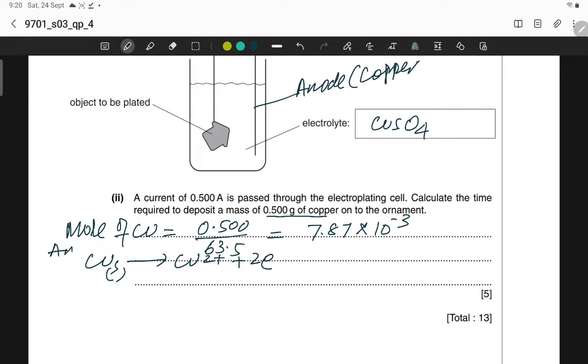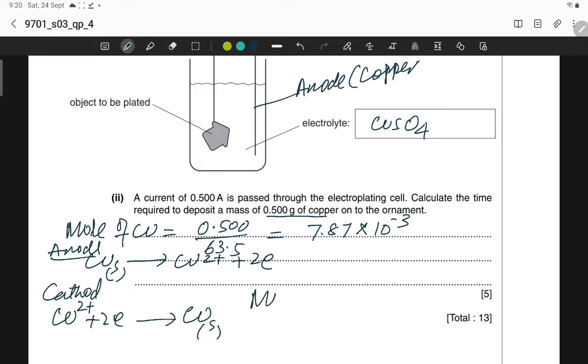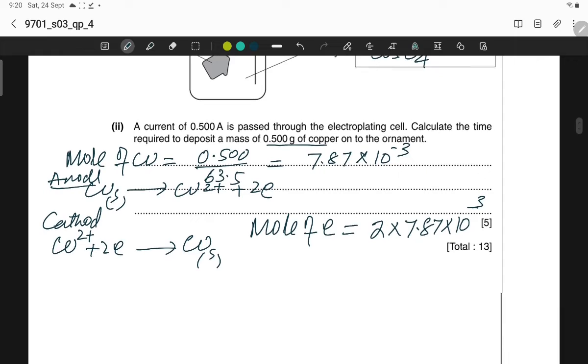This is the anode reaction and this is the cathode reaction: copper aqueous plus 2 electrons to form copper solid. So 2 moles of electrons are required to deposit copper on the object. So the moles of electrons would be 2 into 7.87 into 10 raised to minus 3.